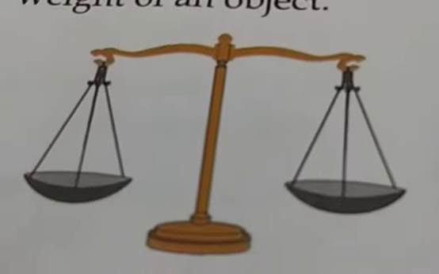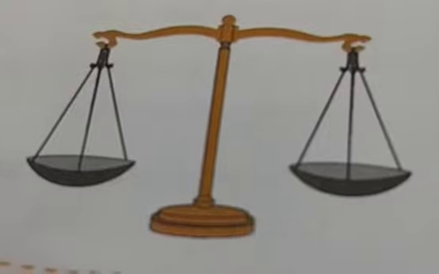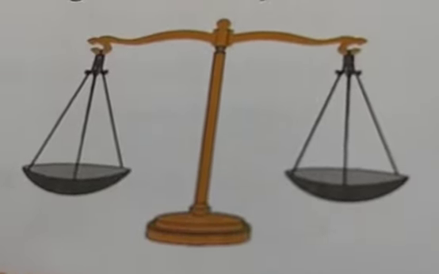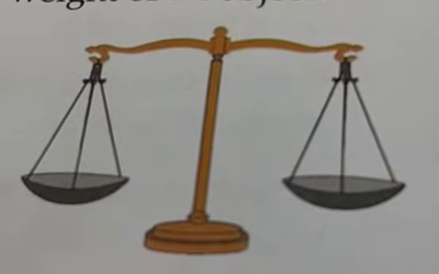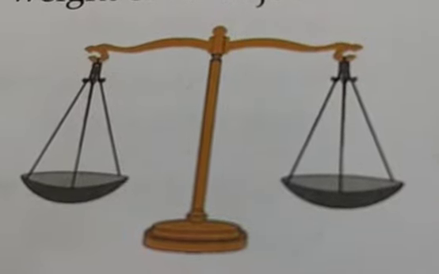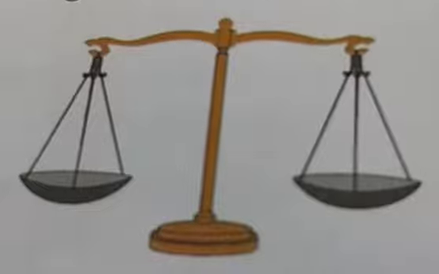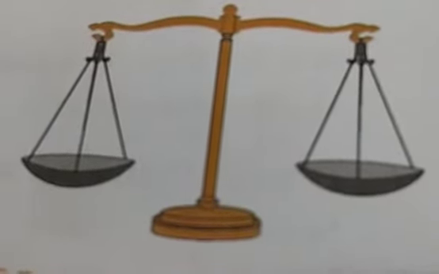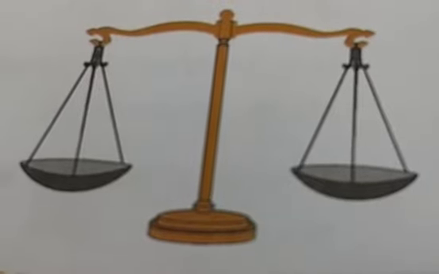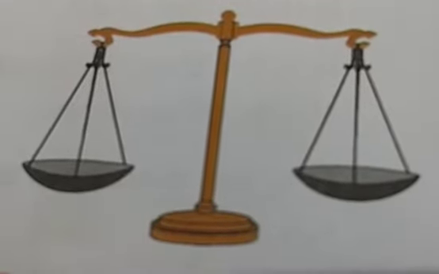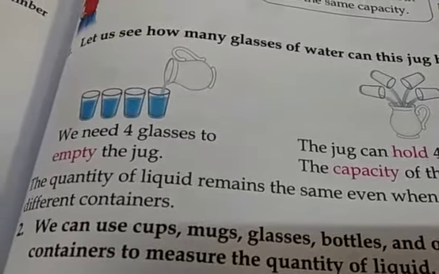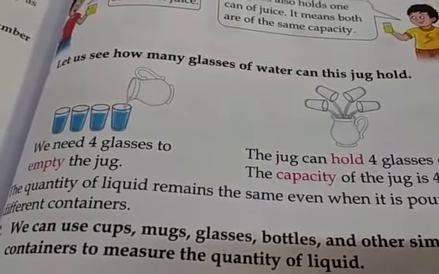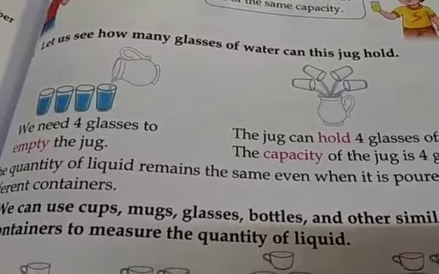Okay, now we will learn about capacity. What is the meaning of capacity? For example, if I want to measure milk, juice, or oil, is it possible to measure in this pan balance? No, we can't. So what do we need to measure capacity? Here, capacity means the quantity of liquid that a container can hold.